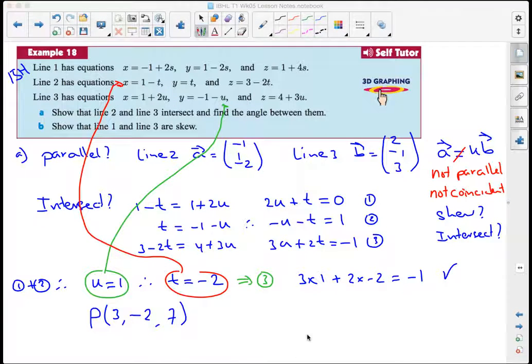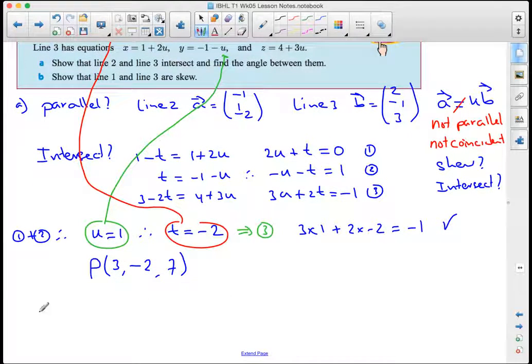Now, what is the angle between them? Well, we know that the cosine of theta is the inner product of the two direction vectors, which is a scalar, divided by the length of the two vectors.